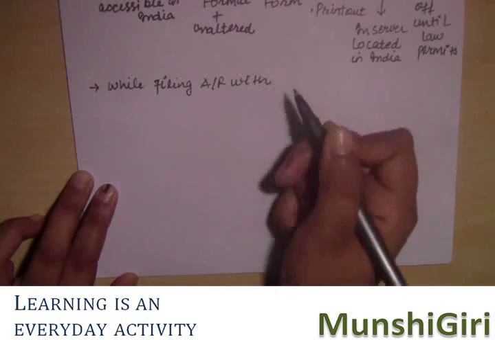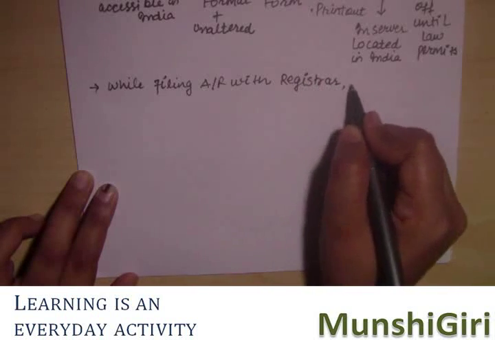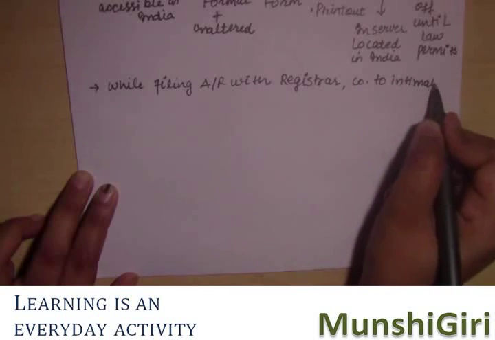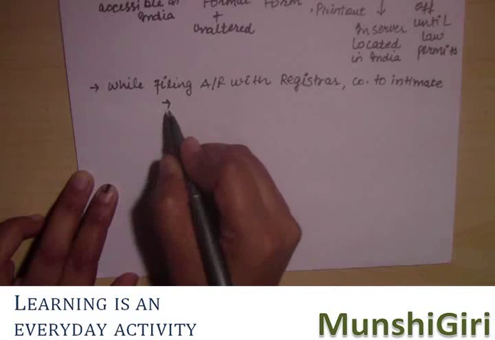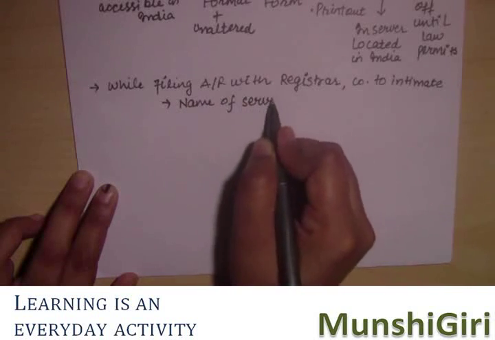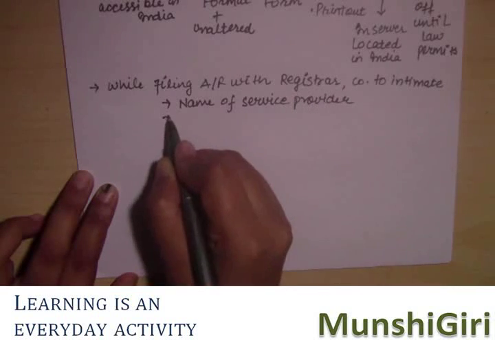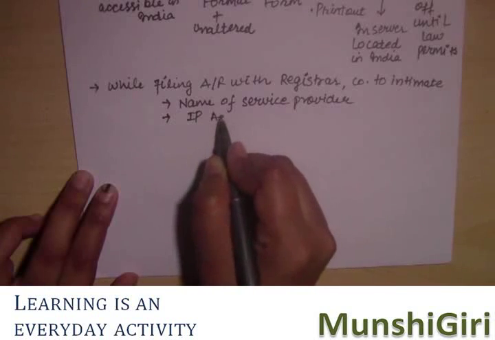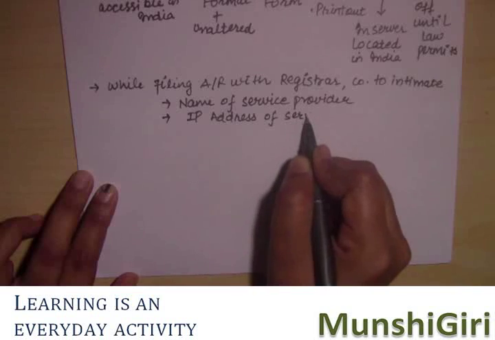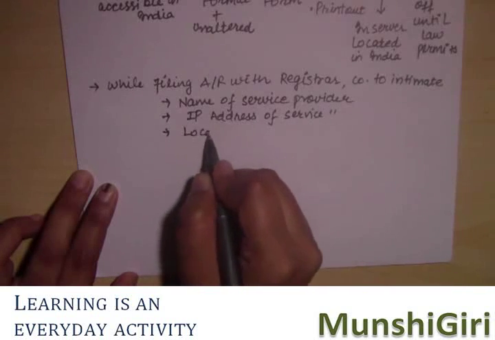First is the name of service provider. The IP address of service provider. The location of service provider.